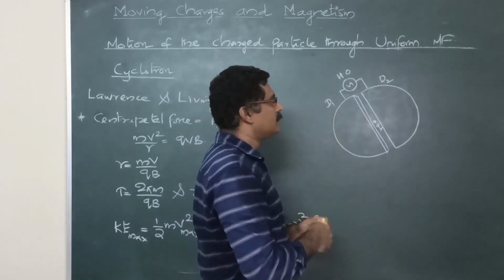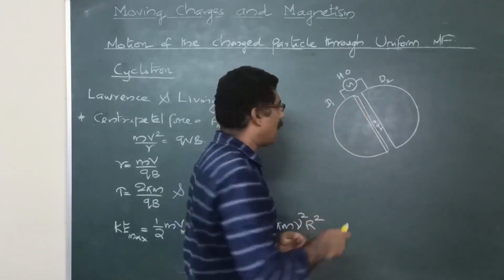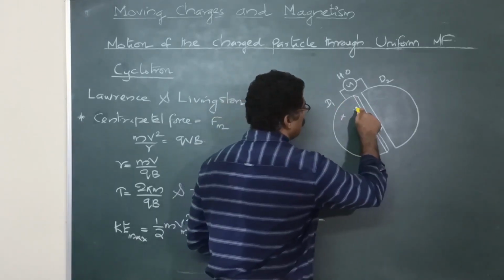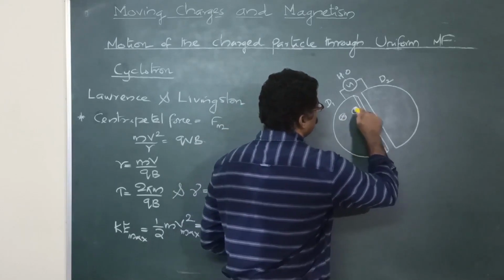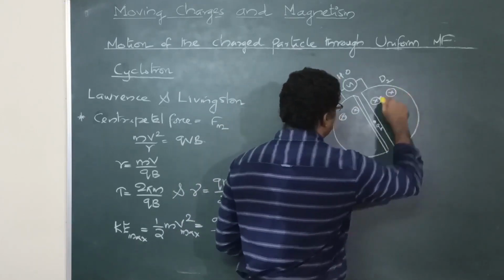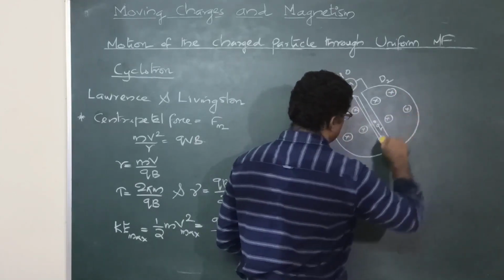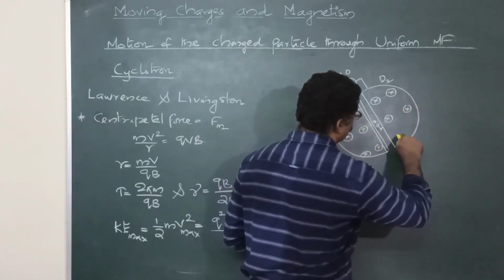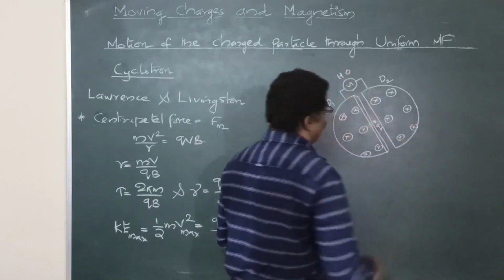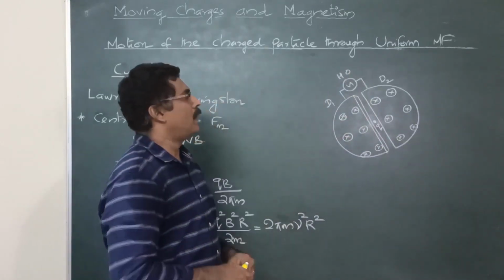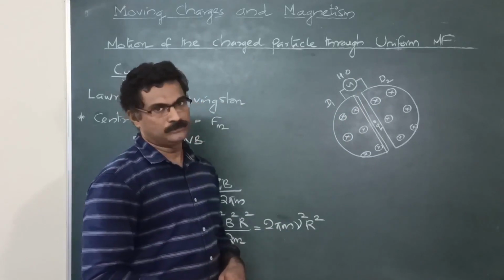These Ds are placed in a magnetic field. That magnetic field is acting perpendicular to the plane of the Ds, like this. Okay, these are the main parts of a cyclotron.